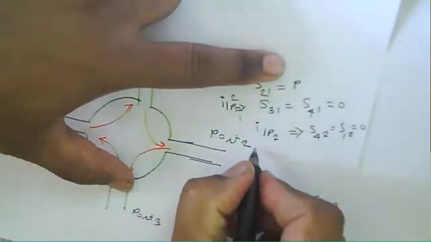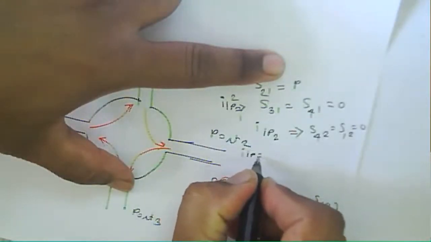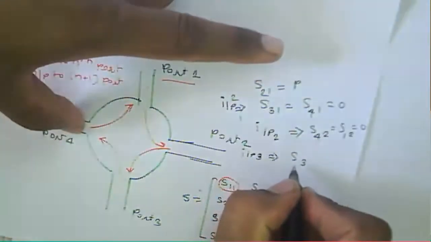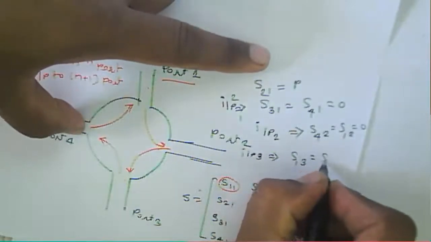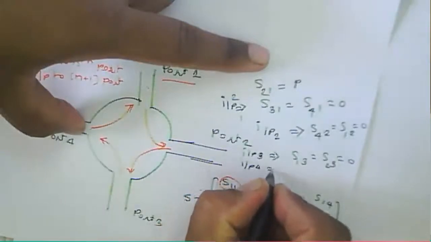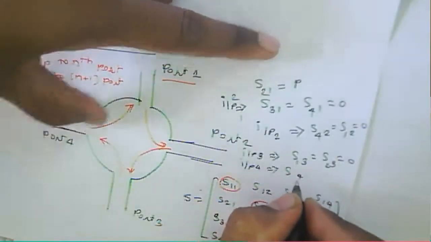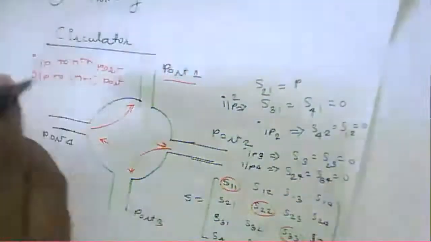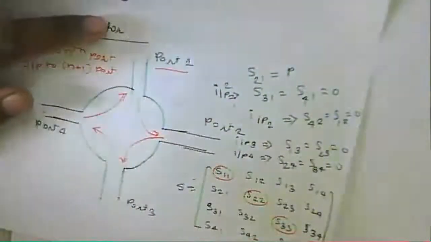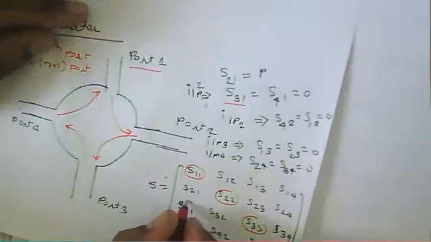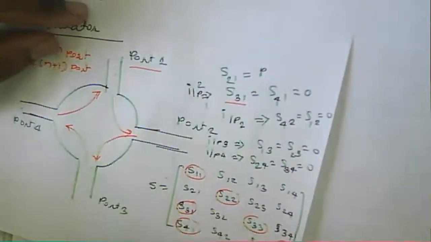If I provide the input to port 3, output is available at port 4, no output at 1, no output at 2, it becomes 0. If I provide input to port 4, output is not available at port 2 as well as not available at port 3. If I write all these values here, S31 becomes 0, S41 becomes 0.